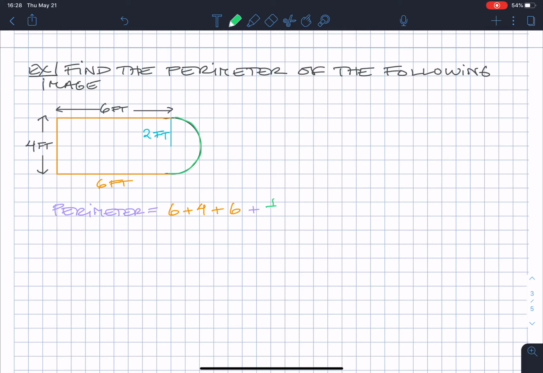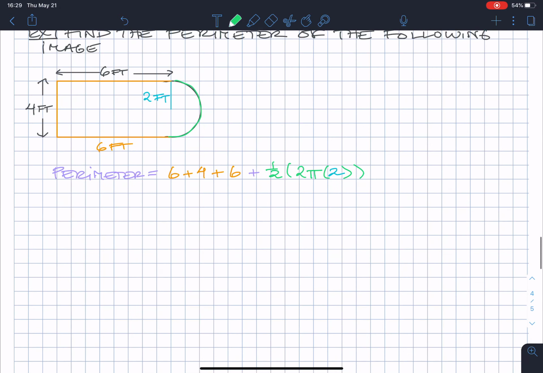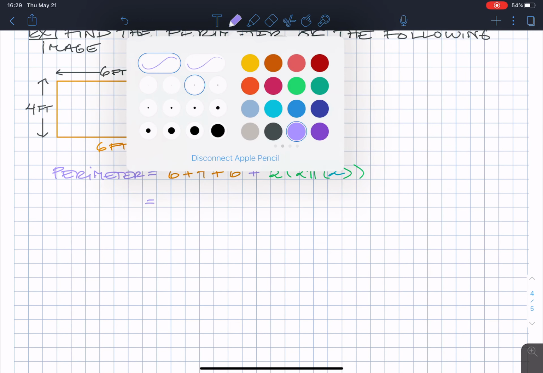It's only 1/2 of the circumference of a circle, which is 2 pi times the radius, and the radius in this case is 2. So we have 6 plus 4 plus 6 is 16.